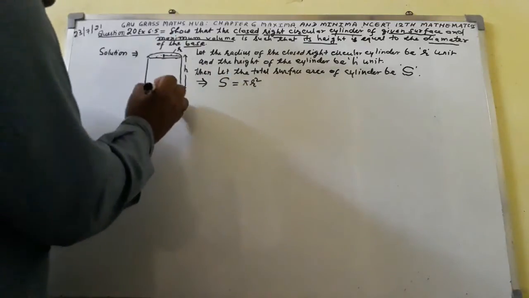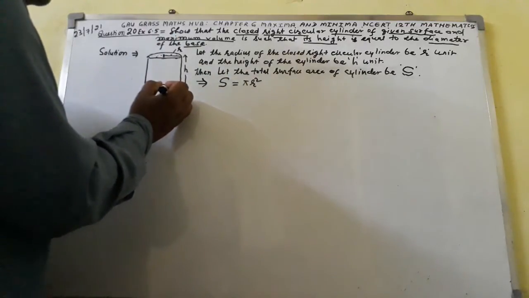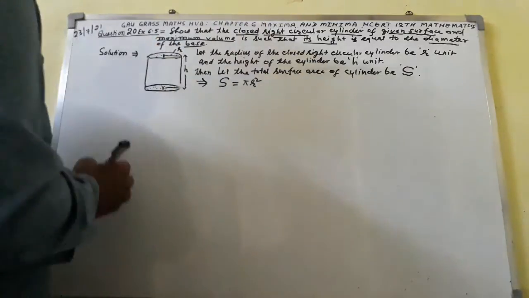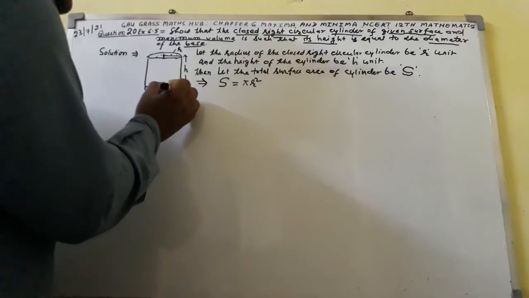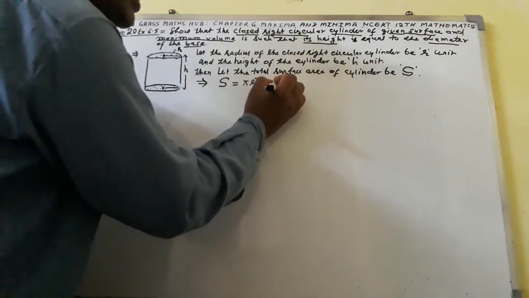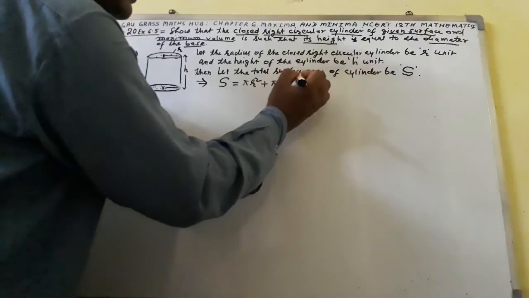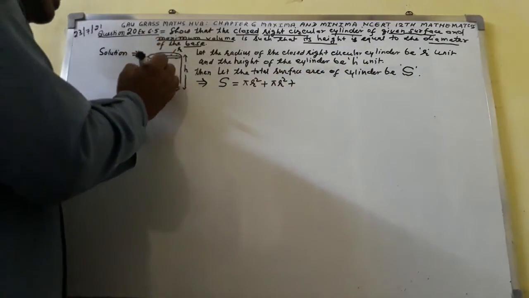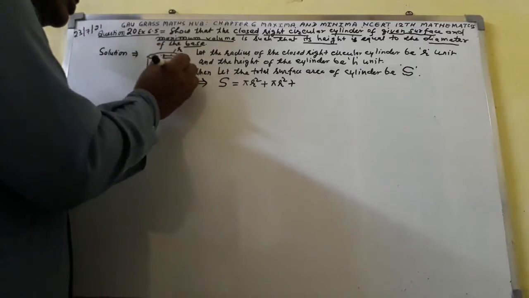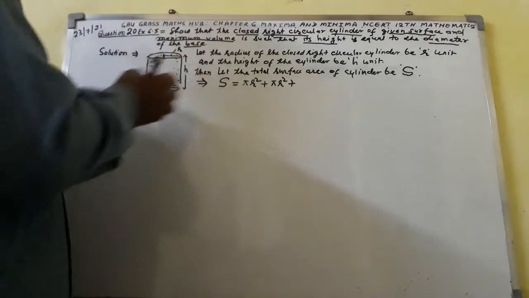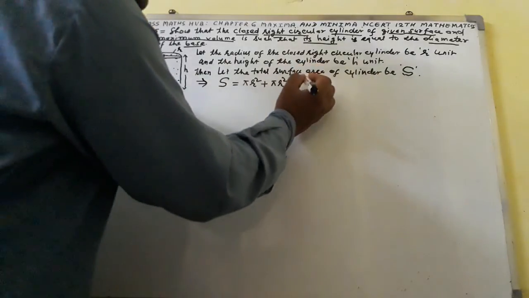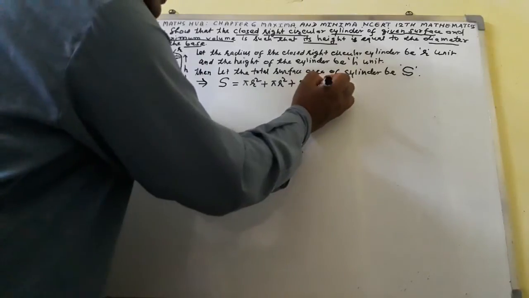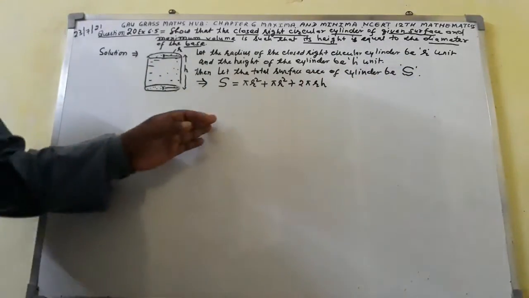Now come to this portion. Both this portion and this portion are closed, so the area of this portion will also be pi r square, plus this curved area will be added. The formula is 2 pi r h.